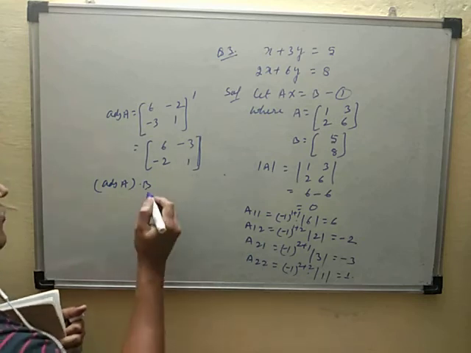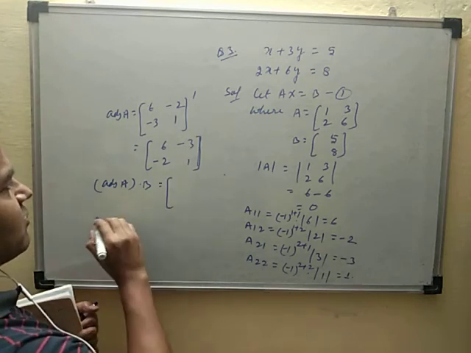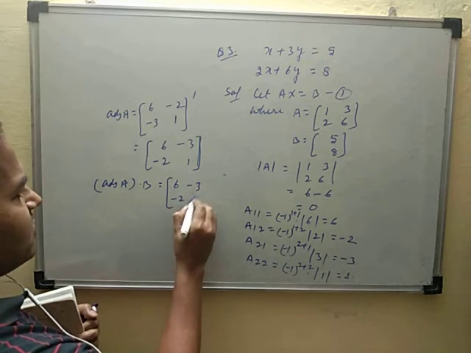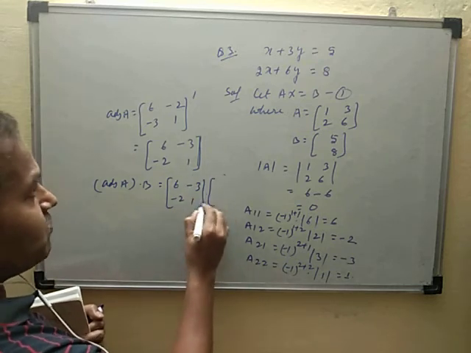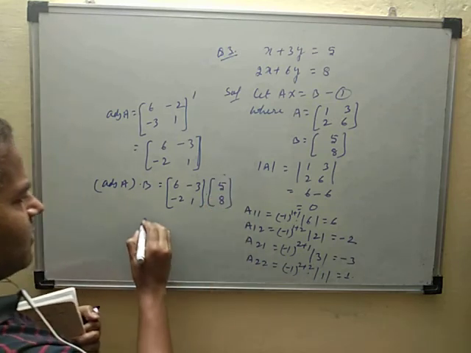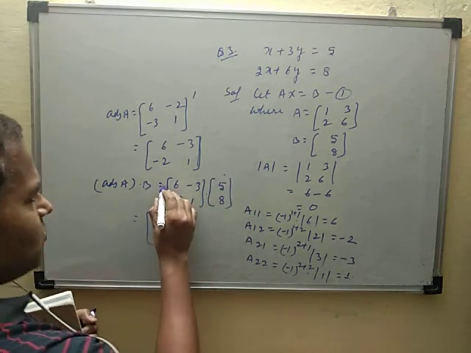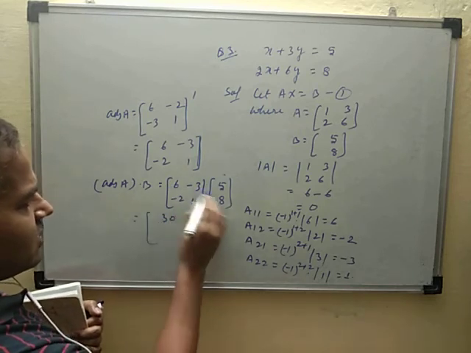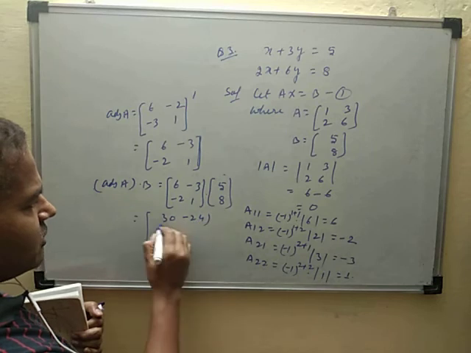So adjoint of A into B. What is the adjoint of A? The adjoint of A is 6 minus 3 minus 2 and 1, and into B, what is B? 5 8. So now multiply. R1 multiply C1, so 6 fives are 30 and minus 24.